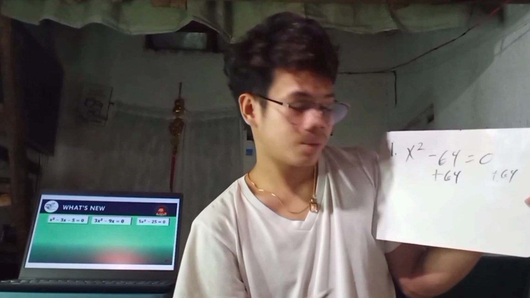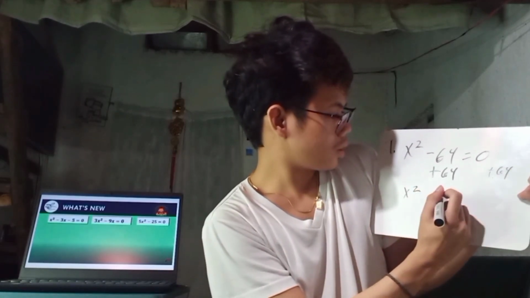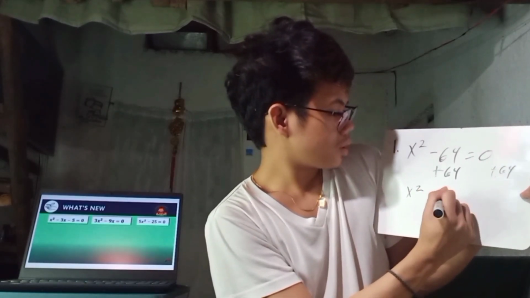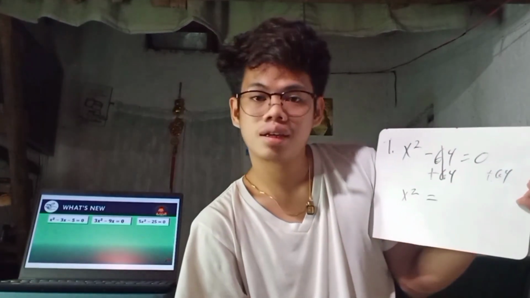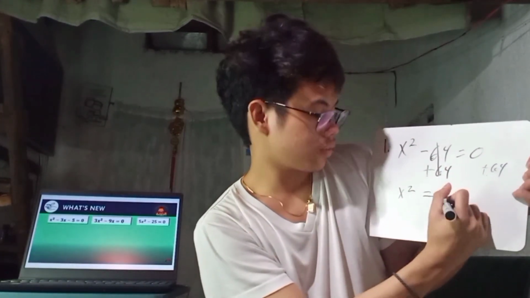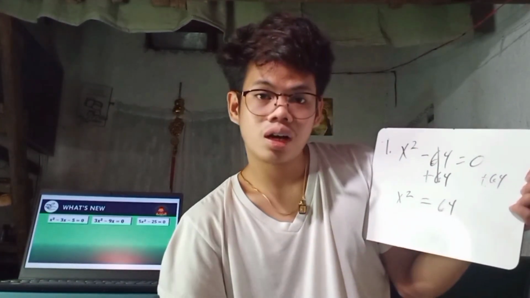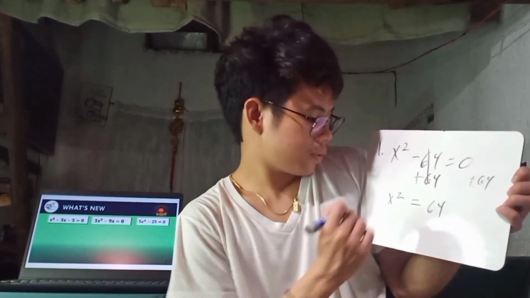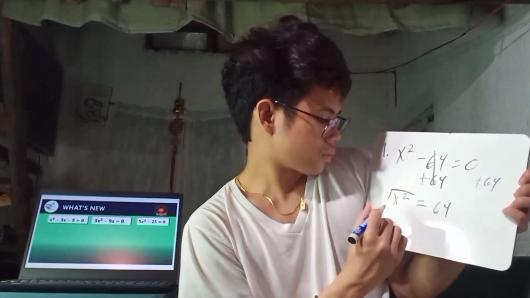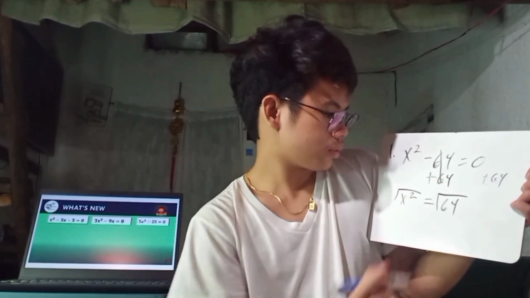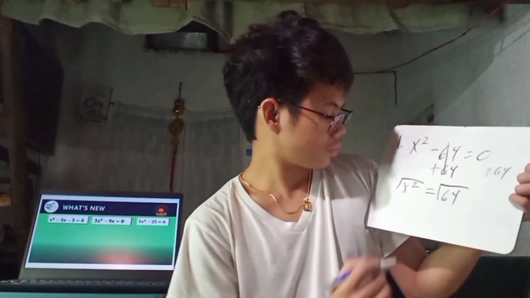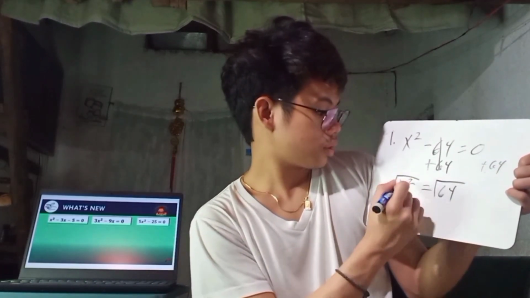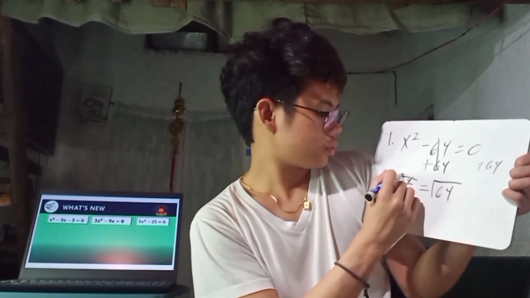So, it will become x squared, cancel na yan, is equal to 64. So, apply the square root property. Cancel na to.